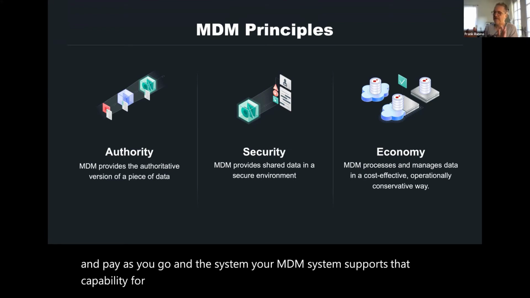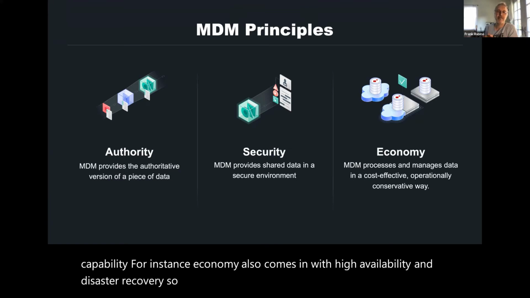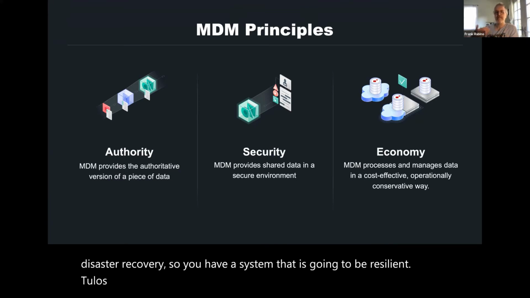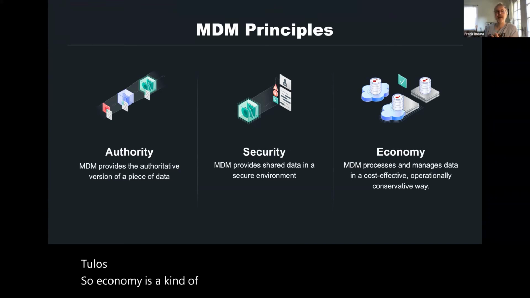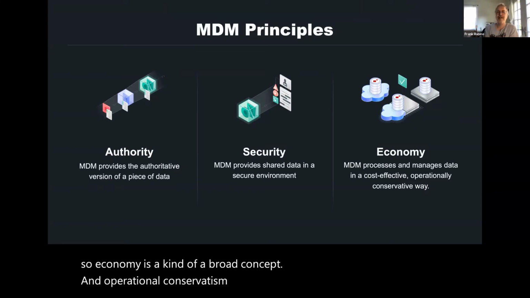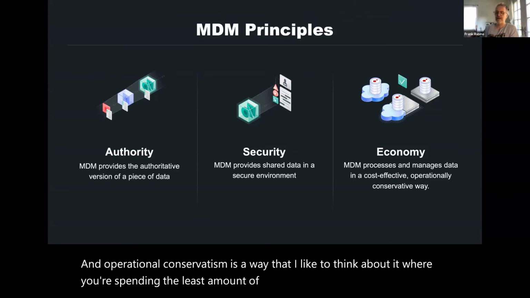Economy also comes in with high availability and disaster recovery, so you have a system that is resilient to loss. Economy is a broad concept, and operational conservatism is a way I like to think about it, where you're spending the least amount of effort and getting the most value out of it.